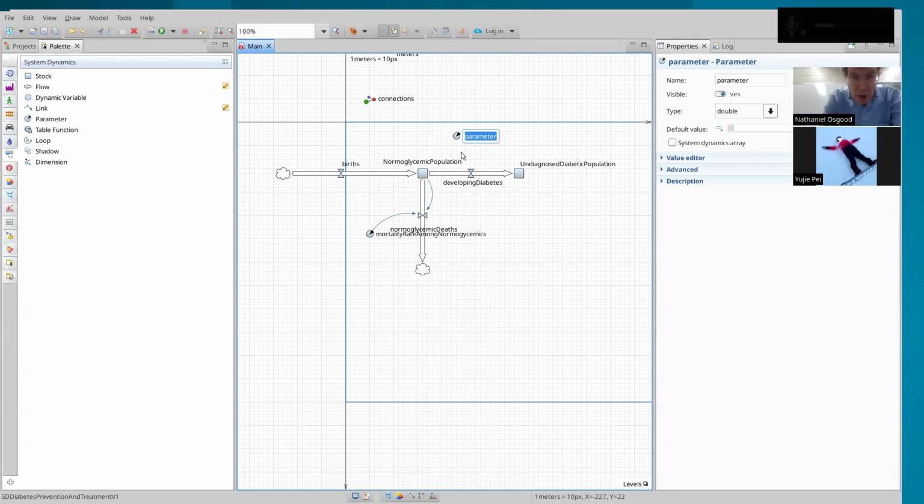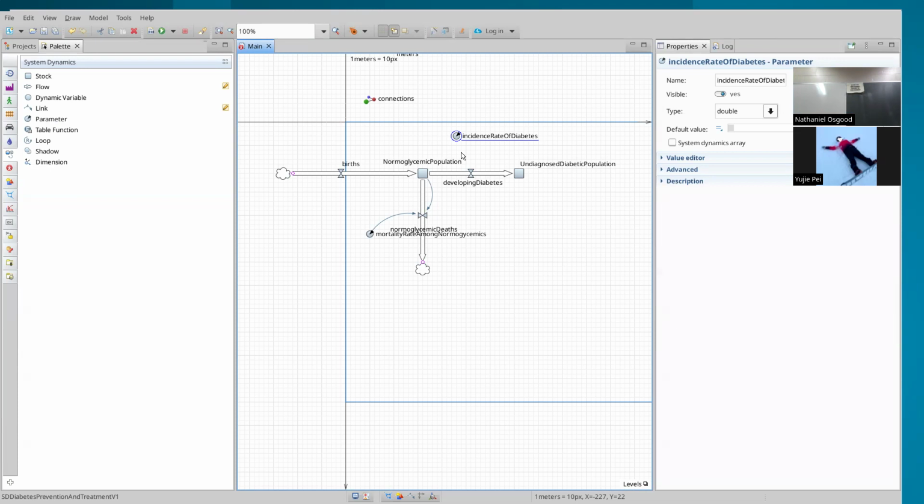We can give it well-defined units, etc. So this parameter is going to be called incidence rate of diabetes. Okay. And if I wanted to be careful, I might have named it annual incidence rate. You notice I'm playing this rate thing. A rate is always something per unit time, but this is a per person per unit time rate.